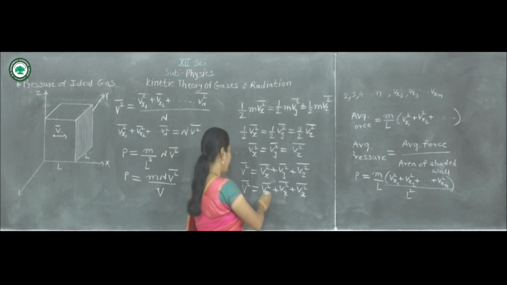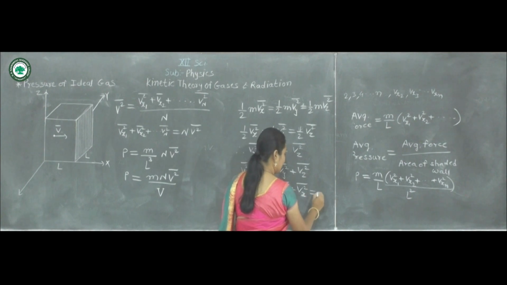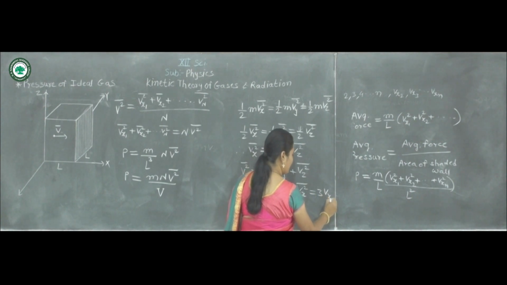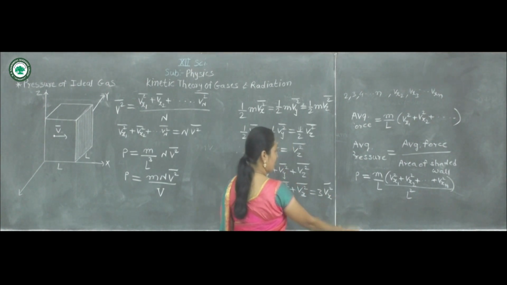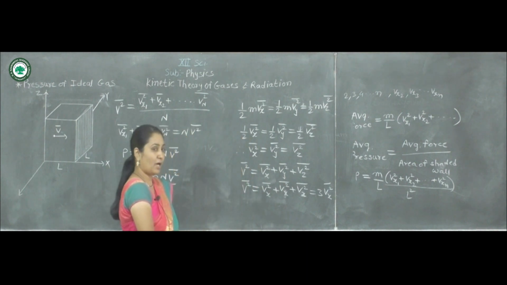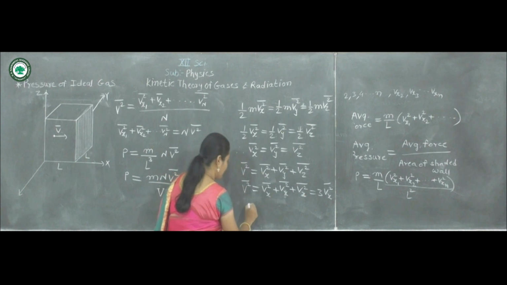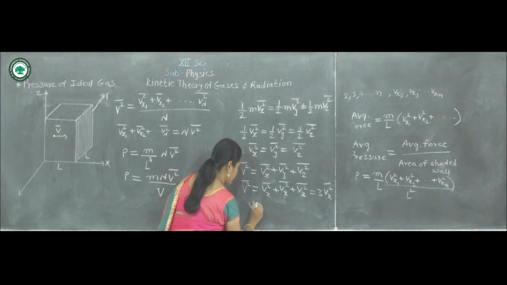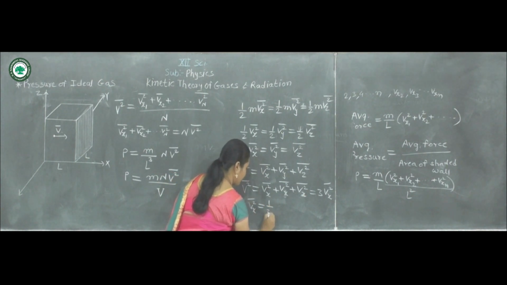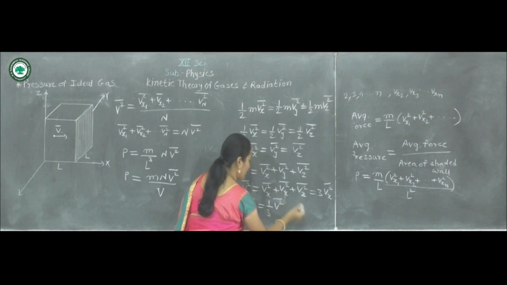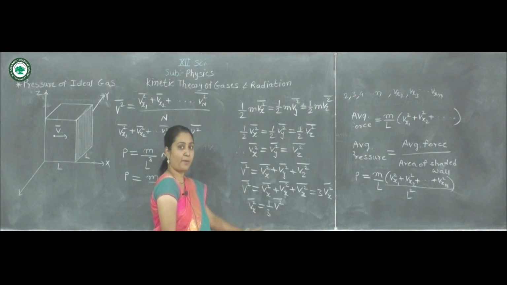That means here we can write 3 times Vx square. So now from this Vx square is equal to one upon 3 V square bar.